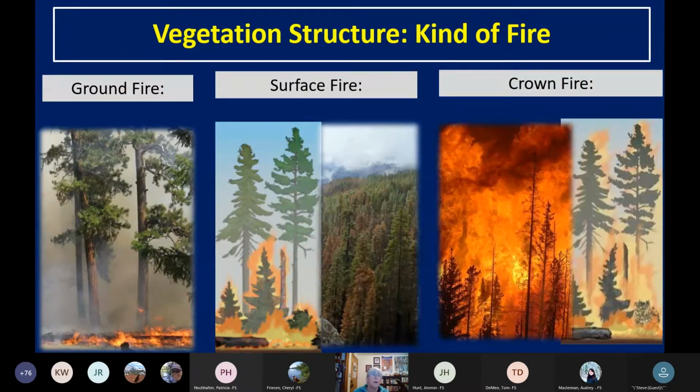And fuel structure, both vertical and horizontal, really influences the kinds of fire that might occur in an area.